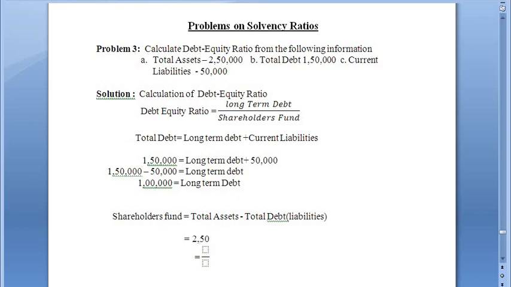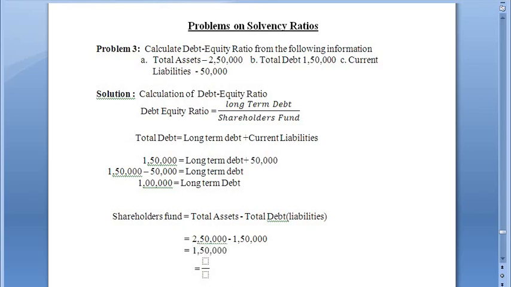Total assets is equal to 2,50,000 minus total debt, or total liabilities, which is 1,50,000. So 2,50,000 minus 1,50,000 is equal to 1 lakh.